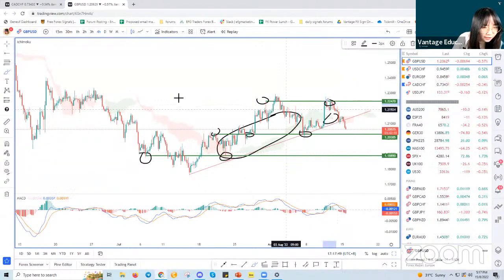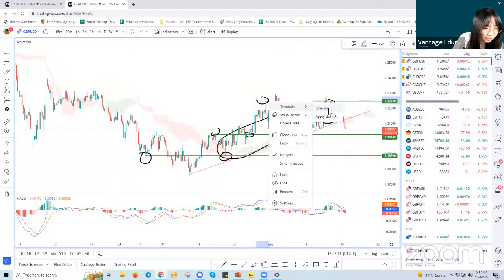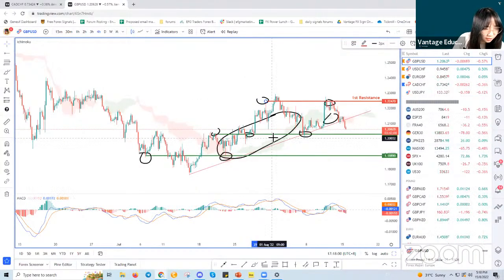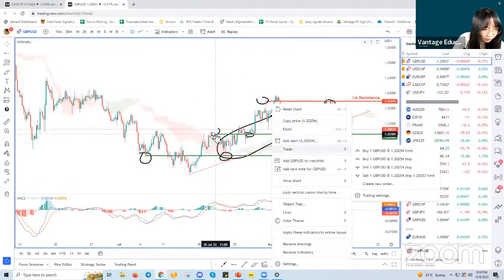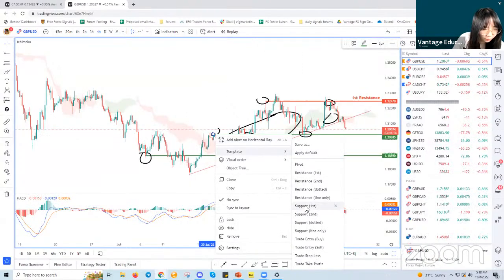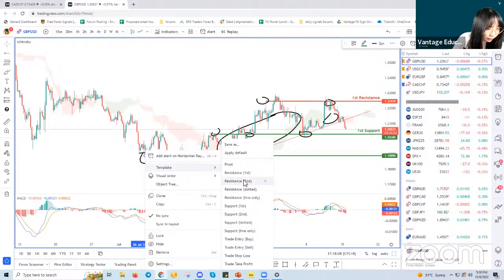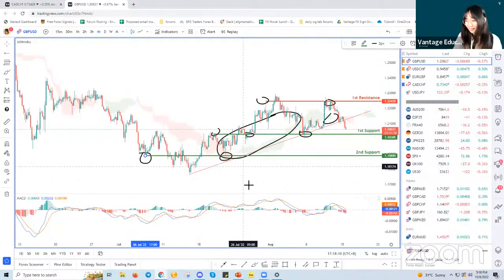Okay, so now let's try to find some Fibonacci levels to help our analysis. So here is our first resistance. Here is our first support, and here is our second support.